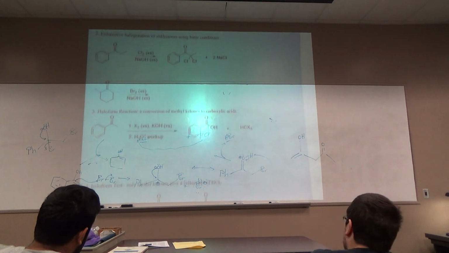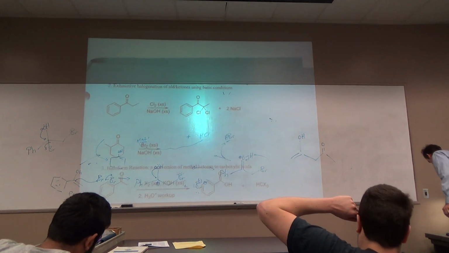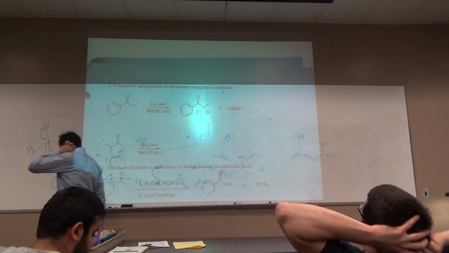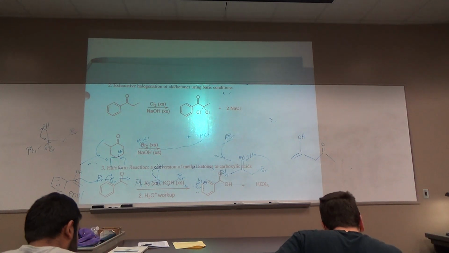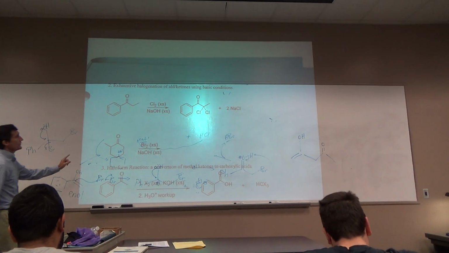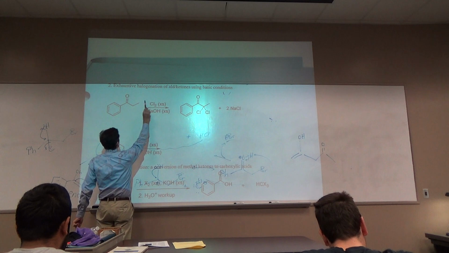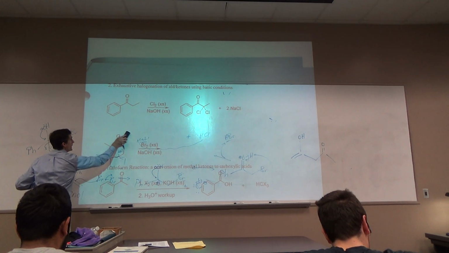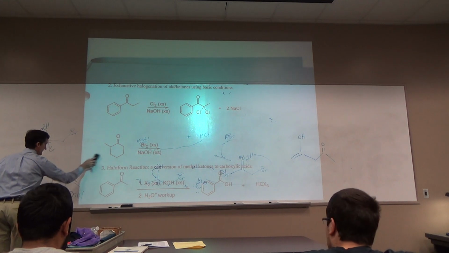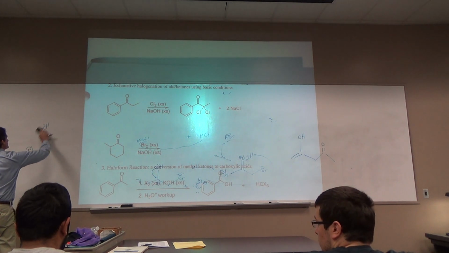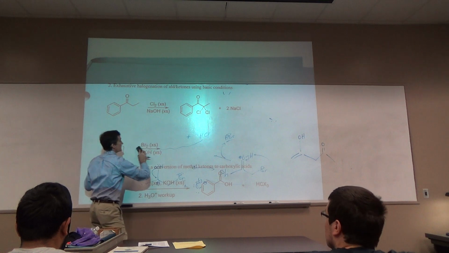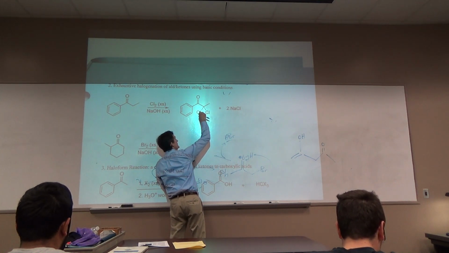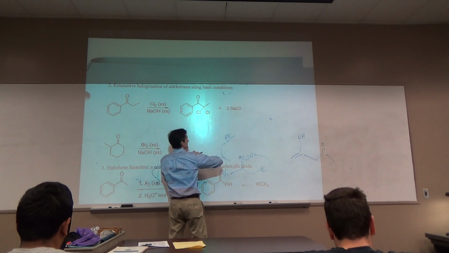Okay, I think we're on number 2 here, is that right? Let's move to basic conditions. Under basic conditions, we're going to do exhaustive halogenation, based with hydroxide. Take this compound here. Exhaustive meaning we replace each of the CHs with a halogen. There's 2 H's, so we have 2 halogens.